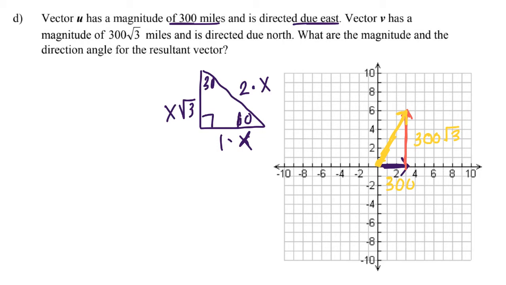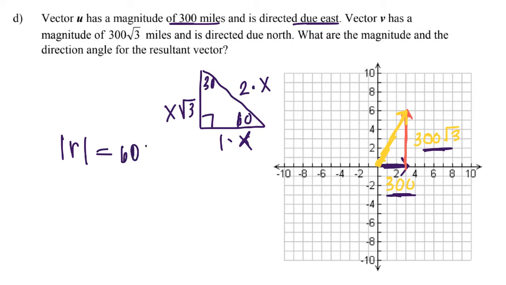And so let's see, how can we apply that to over here? Well, it looks like my x value is 300. And what does it look like our direction angle is? Let's go back to the magnitude of our resultant vector. It looks like our magnitude is really going to be that hypotenuse, which is 2 times x, and our x value is 300.